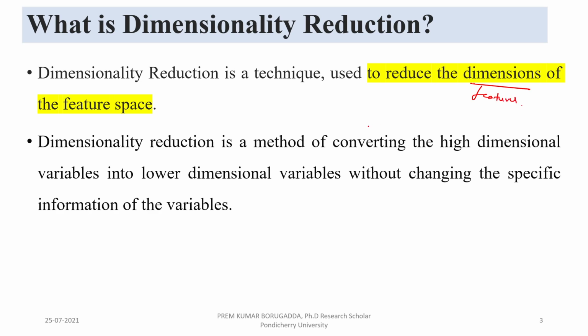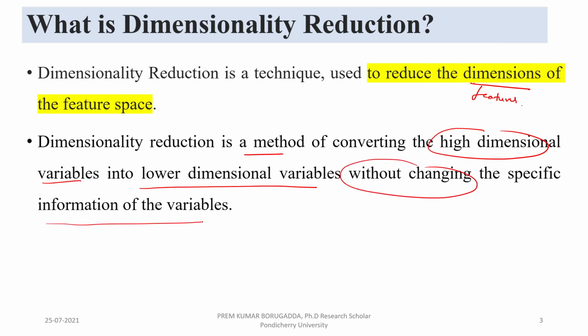A dataset contains a number of features, and if there are too many features, we have to reduce them. Dimensionality reduction is a method of converting high-dimensional variables into lower-dimensional variables without changing the information of the variables.